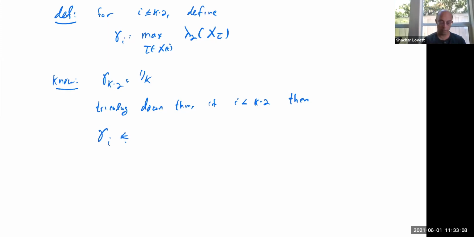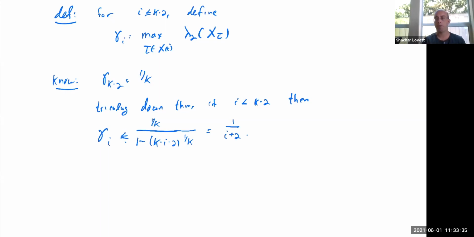It's going to be, well, the max one, so 1 over k, divided by 1 minus (k minus i minus 2) over k. So this is the trickling down theorem. We get worse, so it becomes slightly bigger and bigger. And you do the calculation, you get that this becomes 1 over i plus 2. Okay?